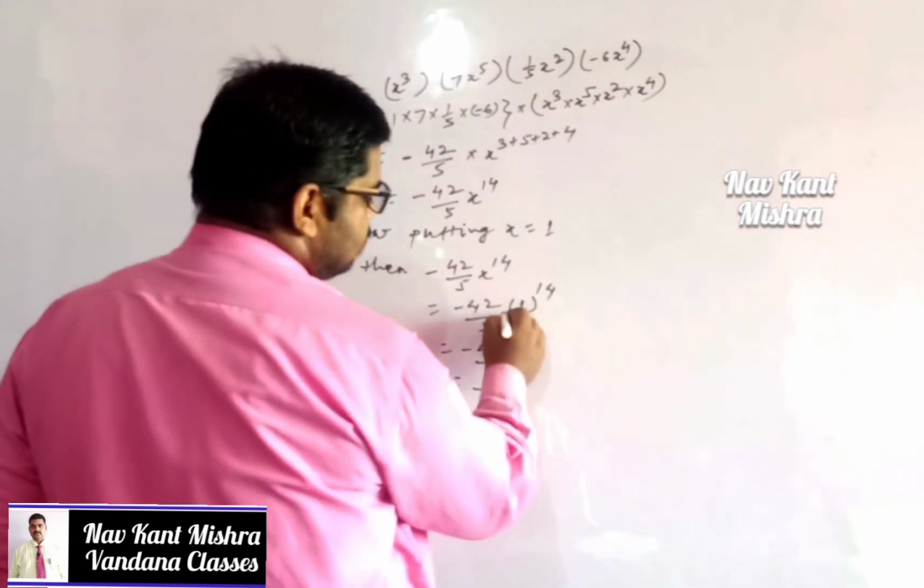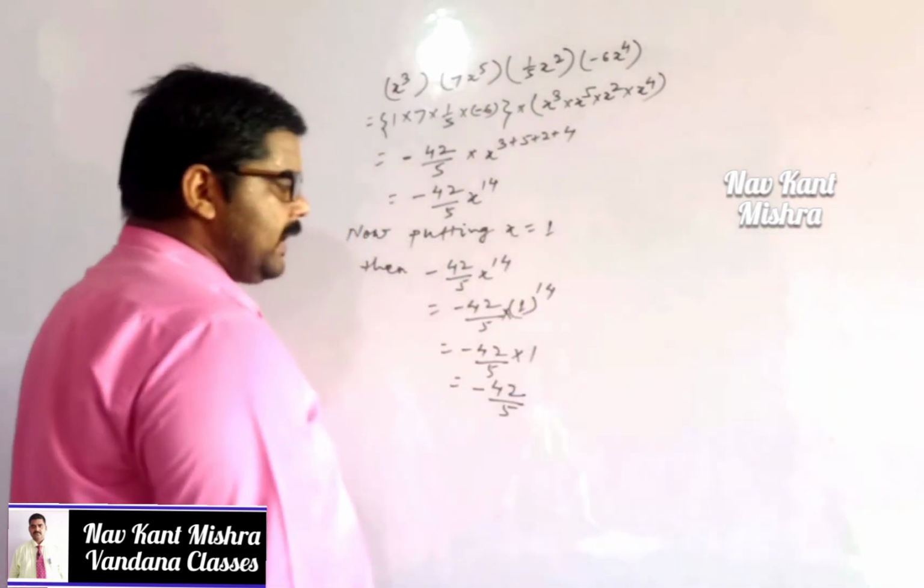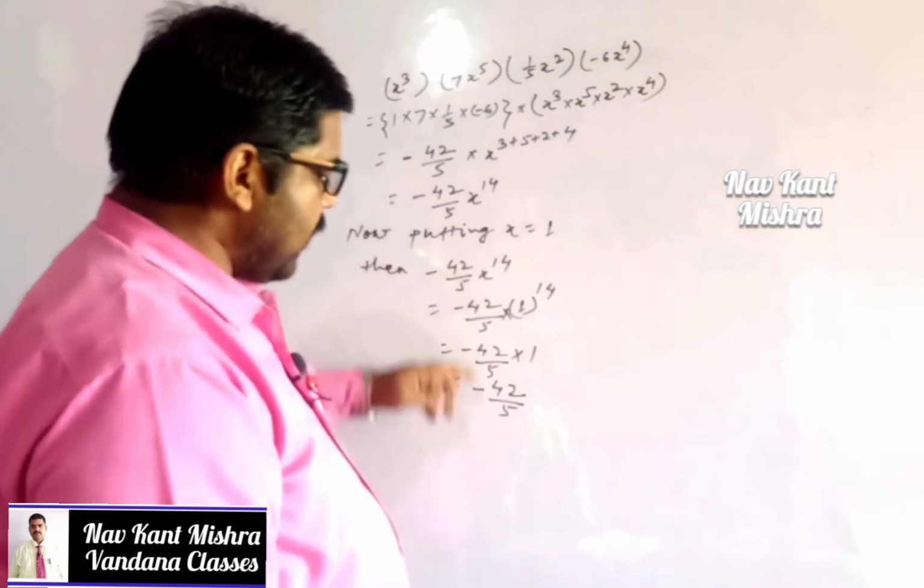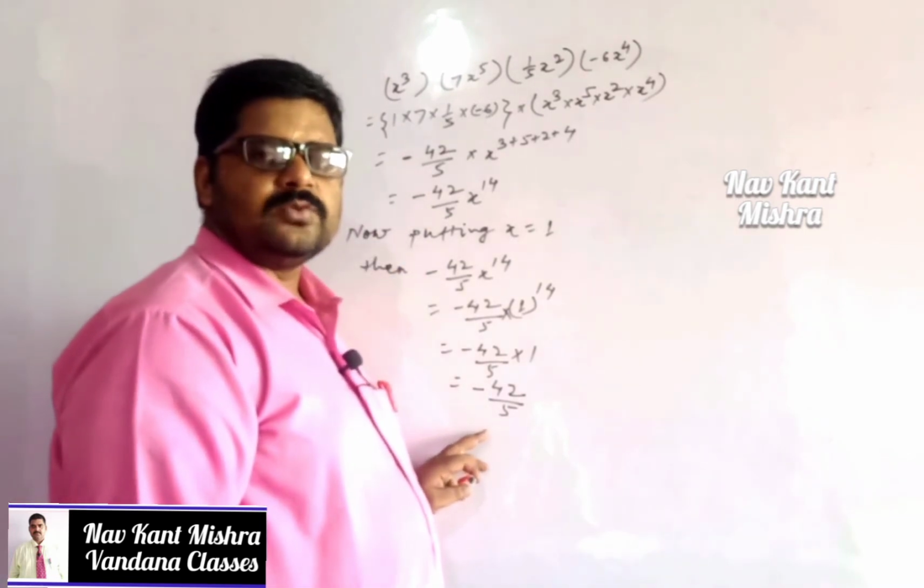Here some students can use the multiplication sign also, so its final result is minus 42 upon 5.